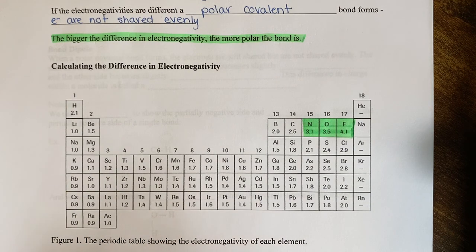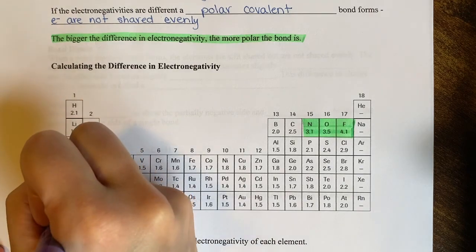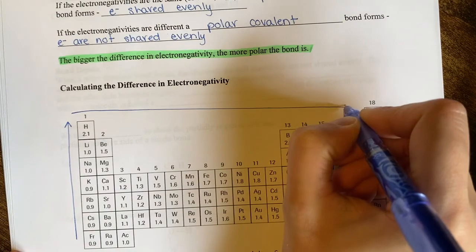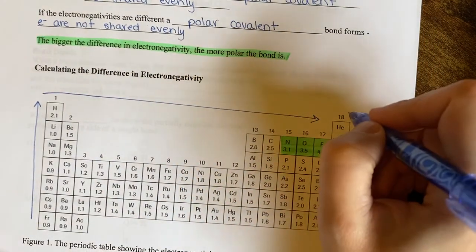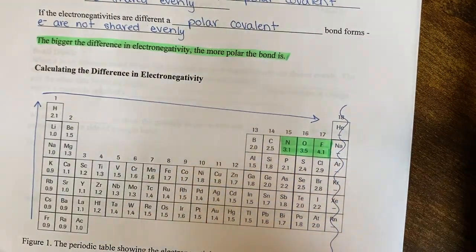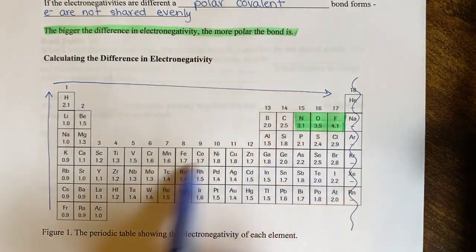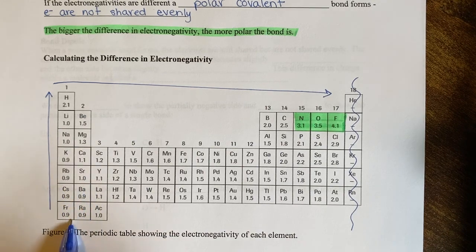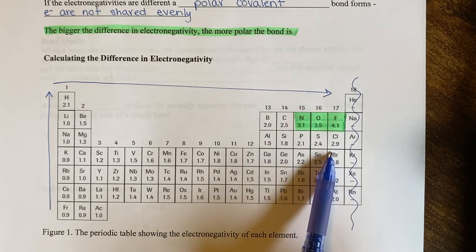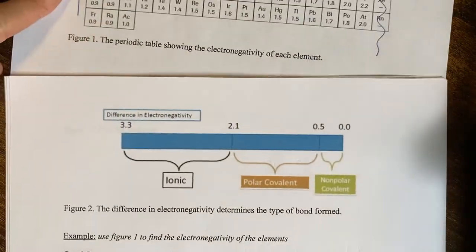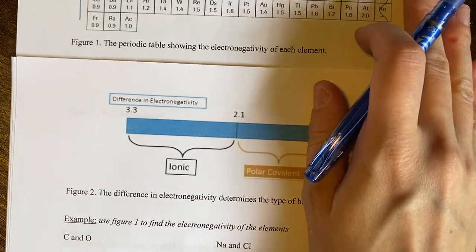If we do a quick reminder of our periodic trends, electronegativity increases as you go up and to the right, excluding the noble gases. So these are going to be your highest, and the numbers down here are your lowest. We're going to use this to measure the difference between elements to decide what type of bond they are. Keep that close by, and we'll refer back to it in a moment.